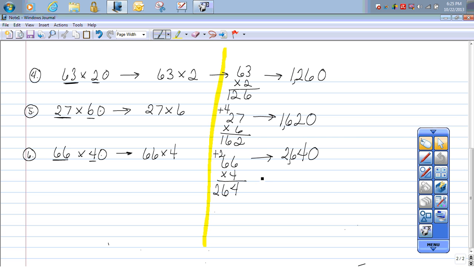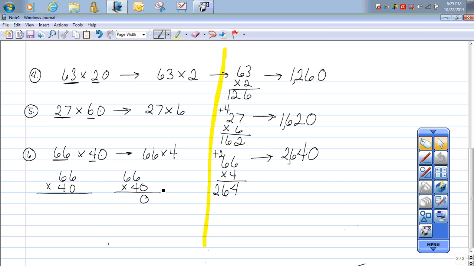So you have just learned how to multiply a 2-digit times a 2-digit number. When you take the 0 out, you can treat it just like a 1-digit number. This would also look like 66 times 40, if you wanted to write it that way. Another way you can write it is like this.